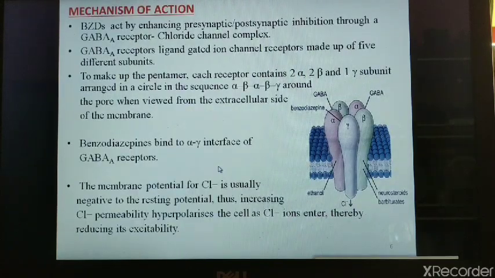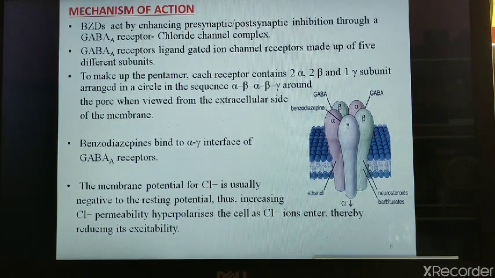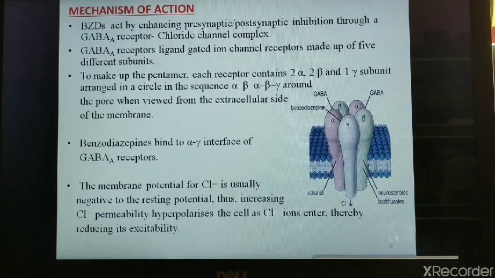Now, this is followed by the mechanism of action of the benzodiazepines. Benzodiazepines act by enhancing both presynaptic as well as postsynaptic inhibitions. In which receptor does it act? It acts on GABA receptors, more specifically GABA A receptors.